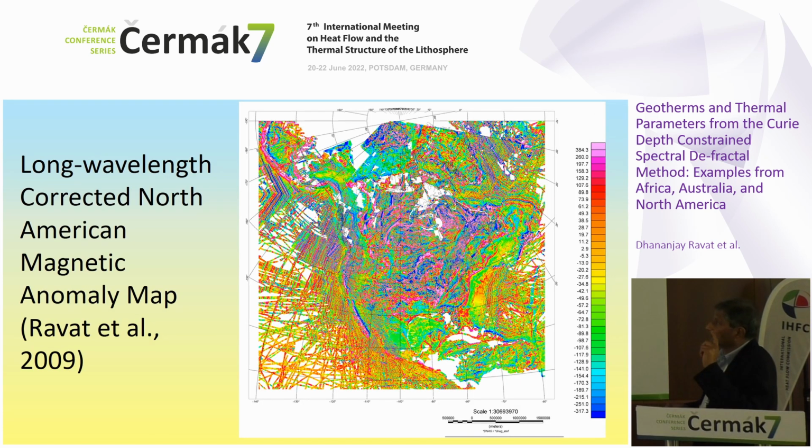So I told you that you need to have accurate long wavelengths in the data, and we managed to do that in the early 2000s and published a database related to North America and primarily the U.S., where we were able to use continuous geomagnetic main field models and ionospheric models and so on in order to correct the North American magnetic field data sets.